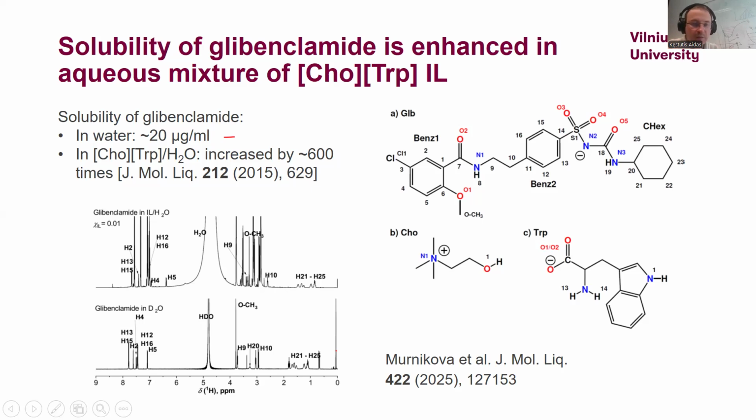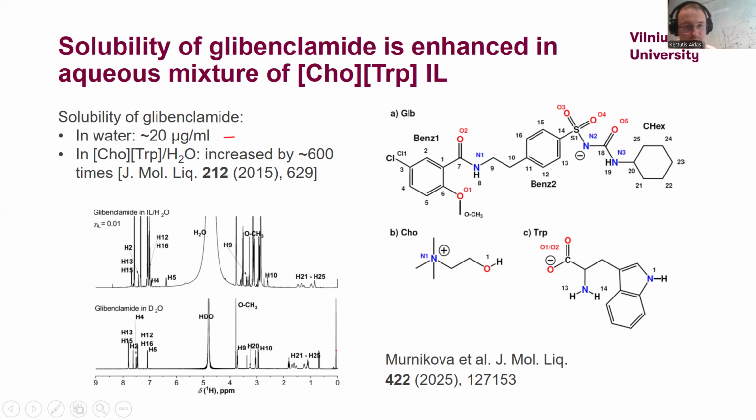And there are several hypotheses, if I may say, proposed in the literature to explain the hydrotropic action of materials. And one of them is related to the formation of small molecular aggregates between the solute and the hydrotrope molecules.